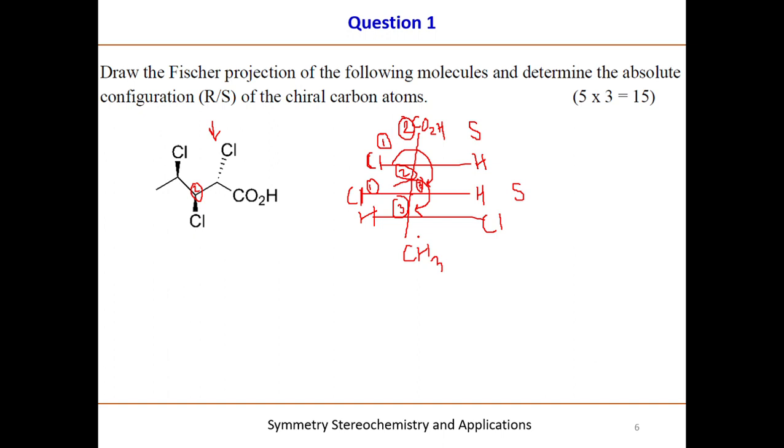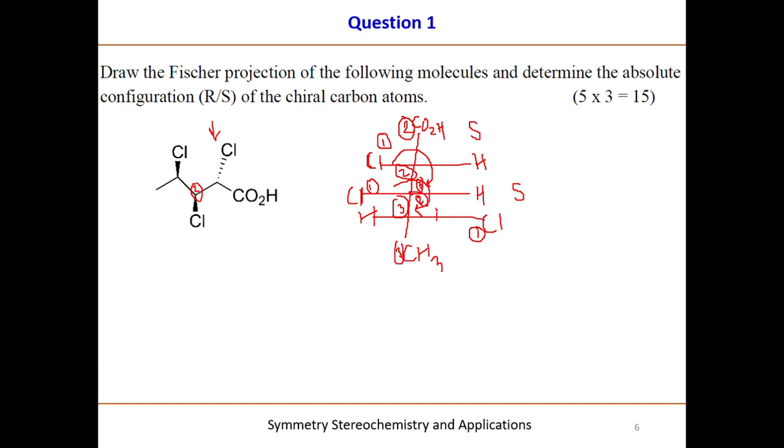Now let's talk about the third carbon atom here. The priority will be given in the same manner again. First priority is the Cl group, the second priority group is this whole group, and the third priority will be given to the methyl group.